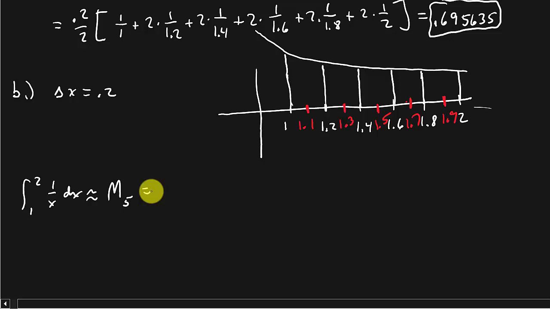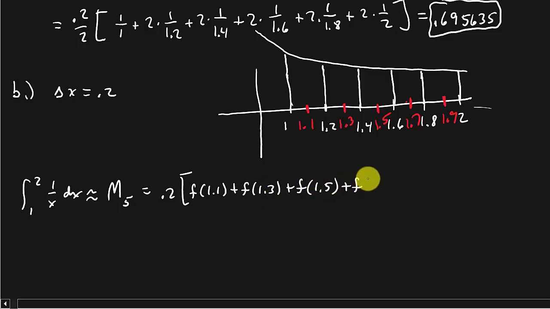Well, it's delta x, which is 0.2, times, and then we evaluate the function at each of those values and sum them up. So that's going to be f of 1.1 plus f of 1.3 plus f of 1.5 plus f of 1.7 plus f of 1.9.